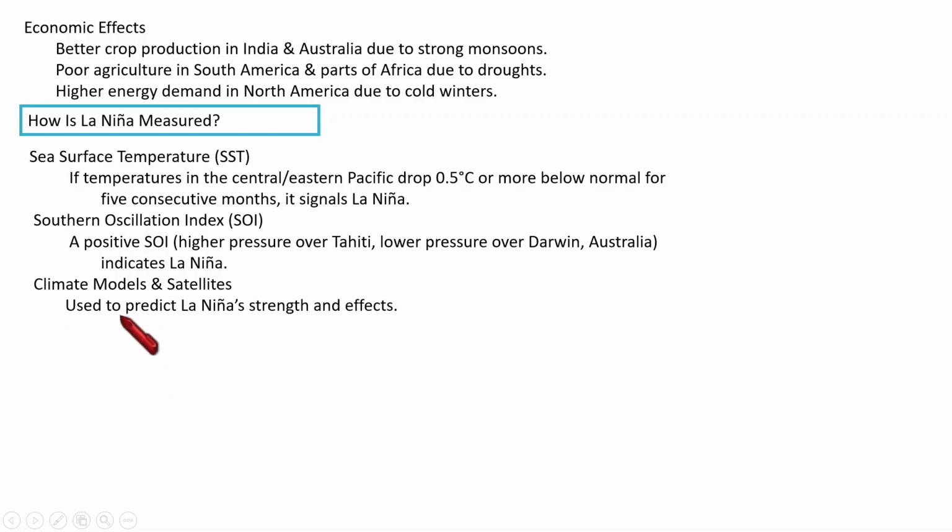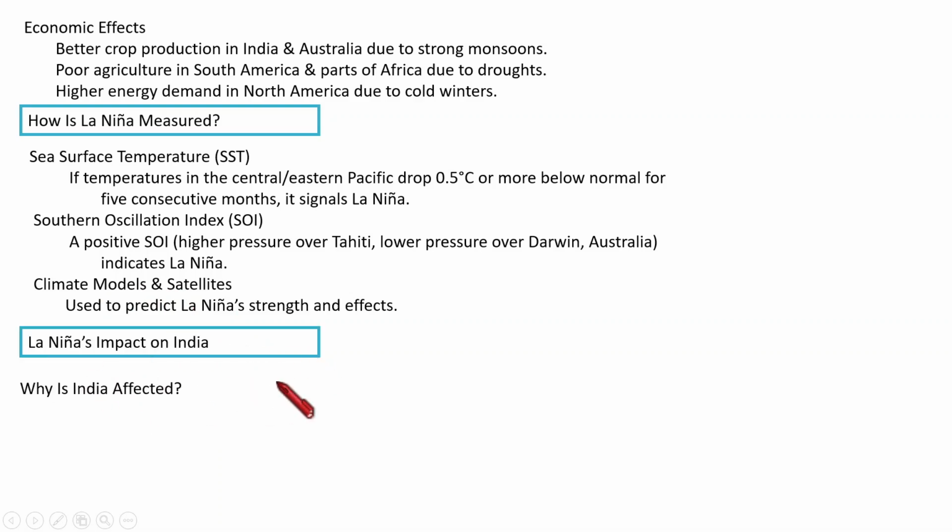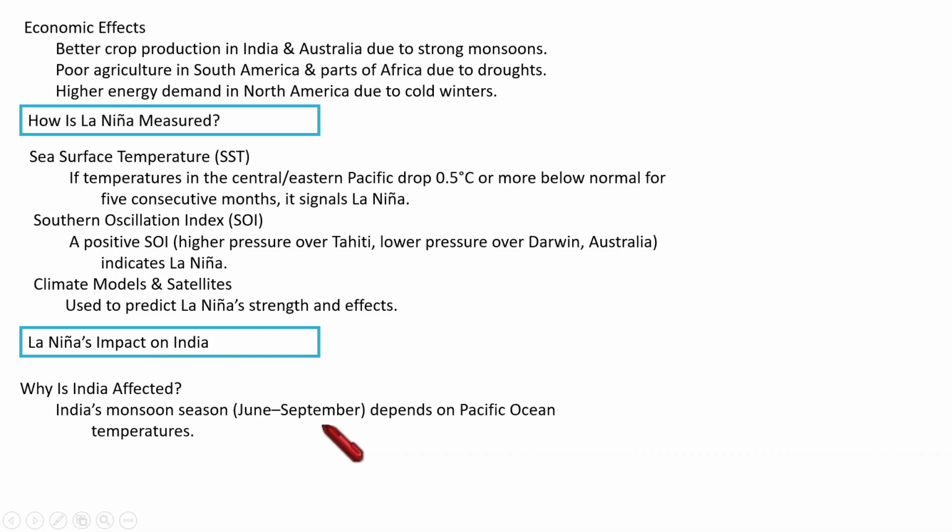And also, using climatic models and satellites, we can predict La Nina. In India, what will be its effect? As we are getting very good monsoon, our agriculture crop production output will certainly increase. India's monsoon season is June to September.